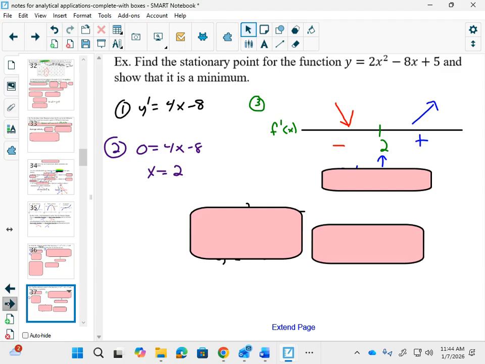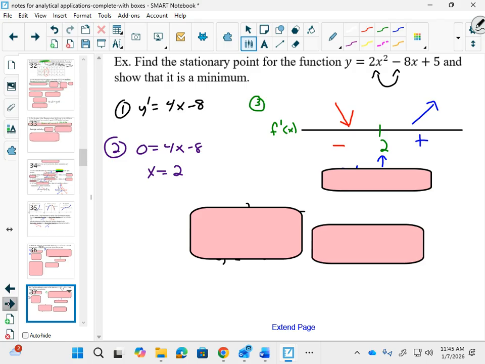Since it's a parabola, I don't mind if you cheat here. Because you know this, right? It's a parabola opening up. So you could cheat and say it's going to be negative then positive without having to plug it in. However, it's not hard to plug in 0 for something less than 2 into here and see that it's negative 8. Plug in 3. Get positive 4, see that it's positive after.